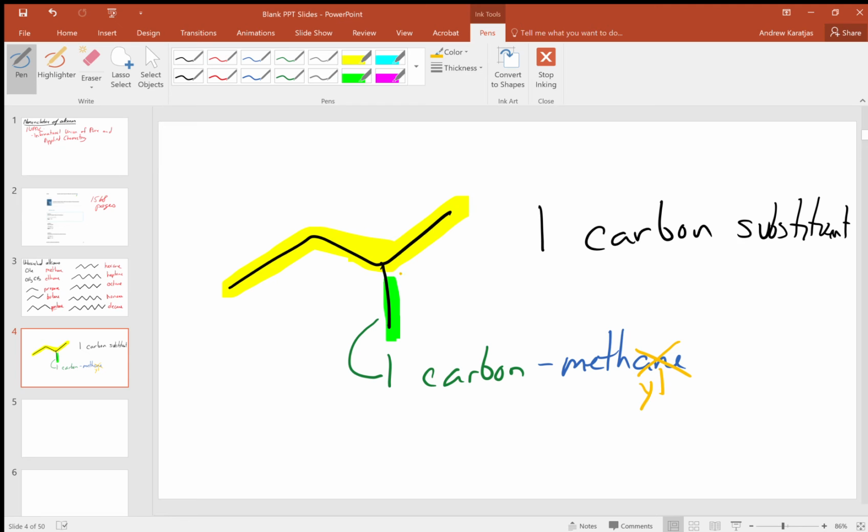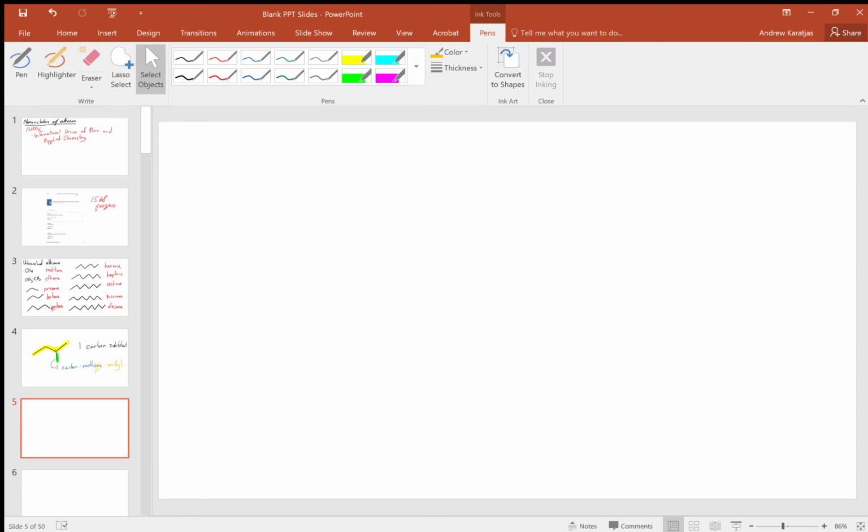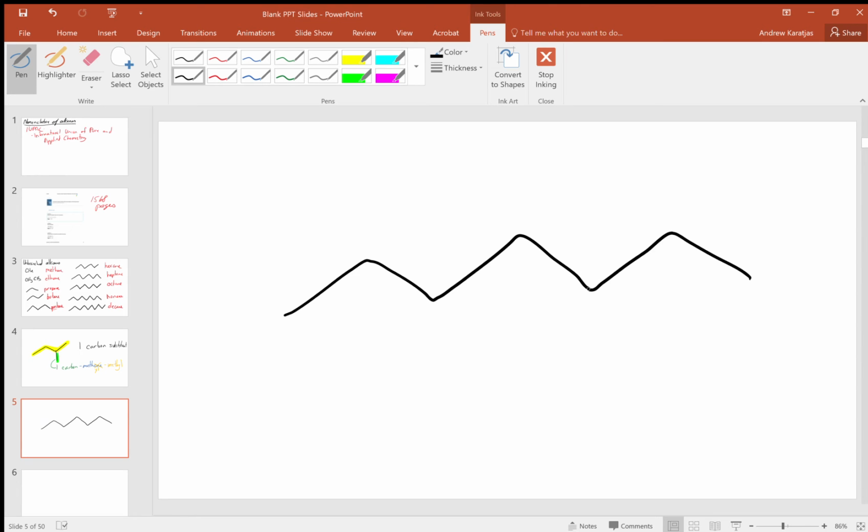So this 1-carbon substituent is referred to as a methyl. What if our substituent's a little bit longer? Again, here you can see we have this long chain, and coming off of it, we have a 2-carbon substituent.